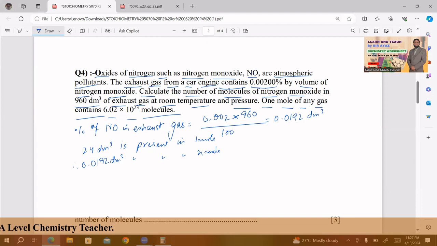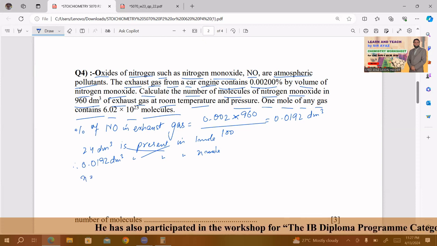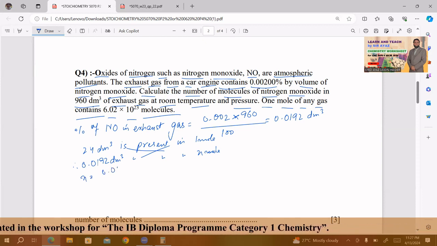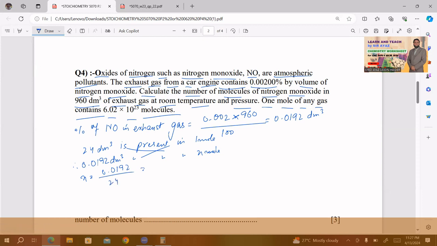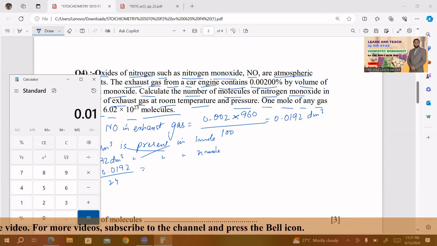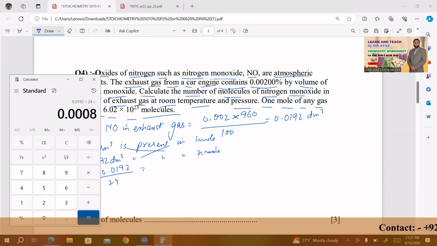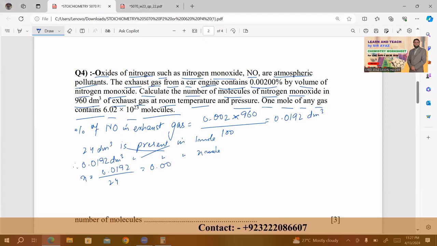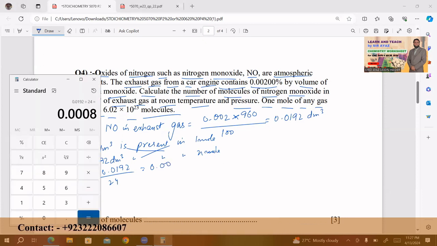Do the cross and we get X is equal to 0.0192 divided by 24. This will be the moles of NO, 0.0008.